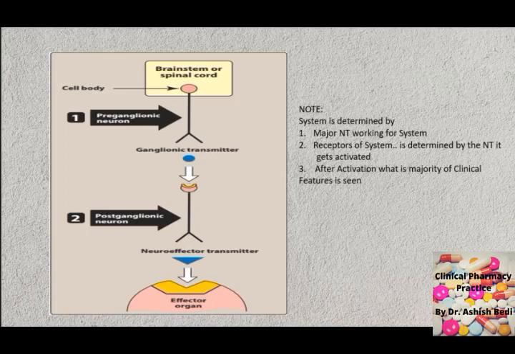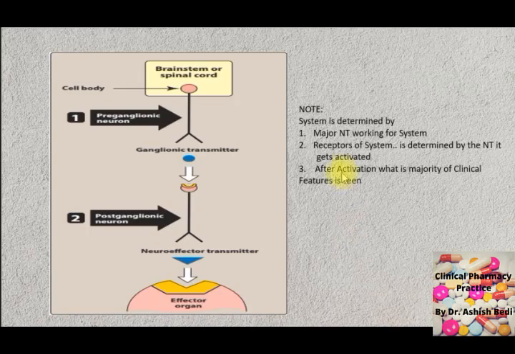To understand the basic differences and to determine which system has which clinical features, we have to understand that the division of the cholinergic system and adrenergic system is mainly determined by the neurotransmitter working for that system.